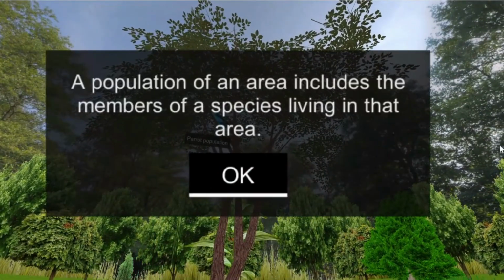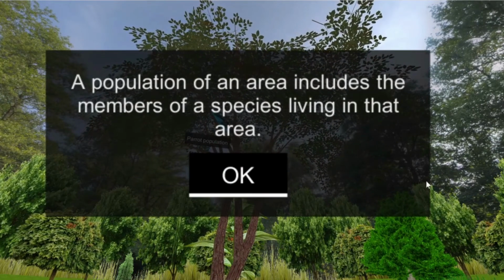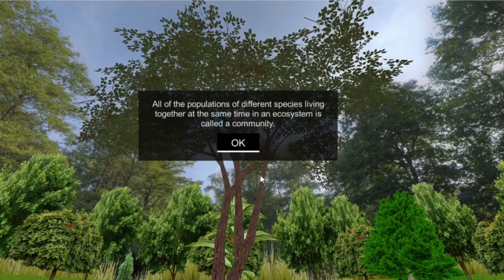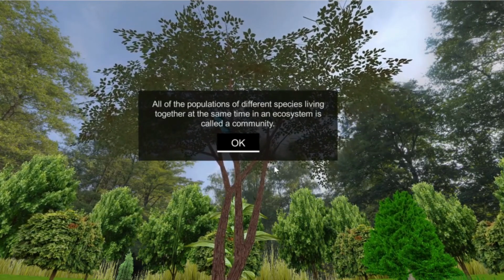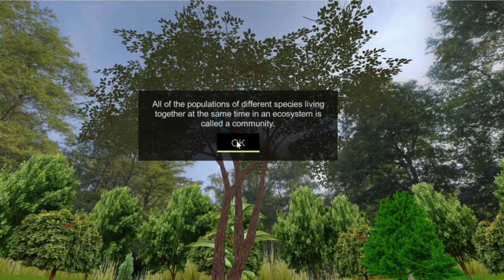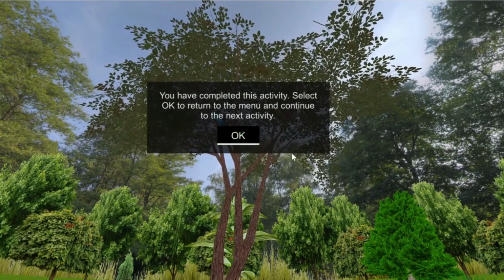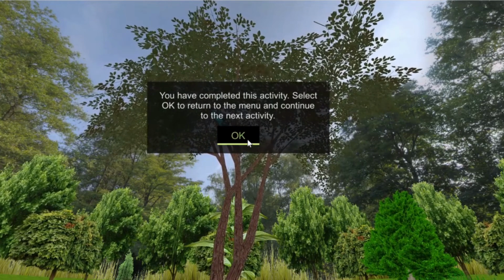A population of an area includes the members of a species living in that area. All of the populations of different species living together at the same time in an ecosystem is called a community. You have completed this activity. Select OK to return to the menu and continue to the next activity.